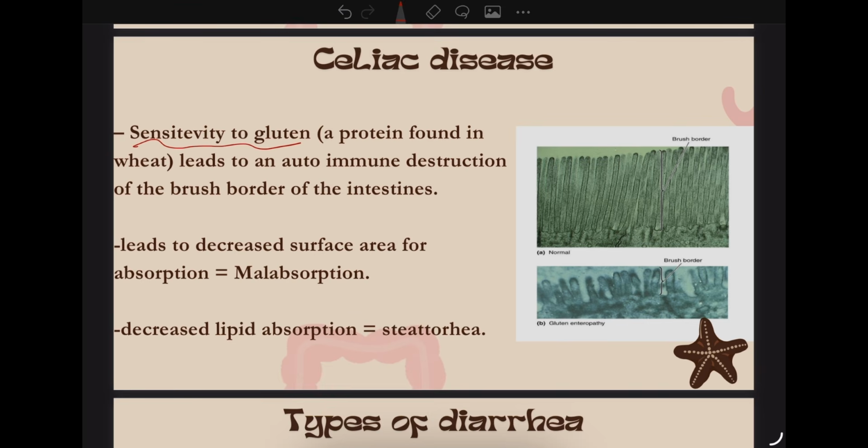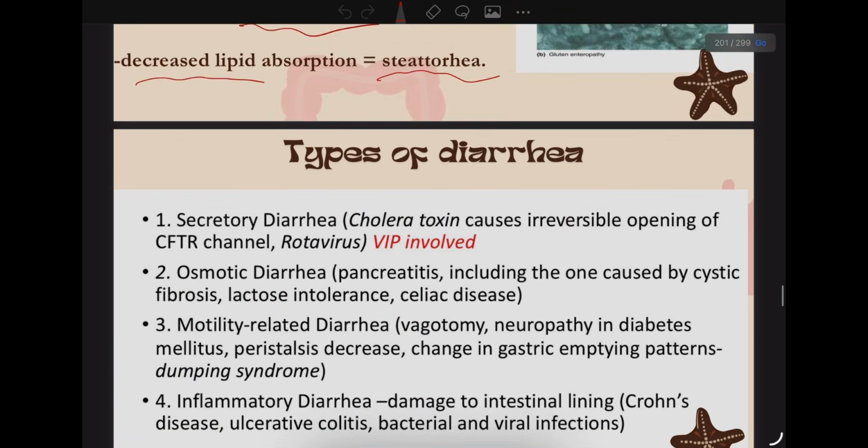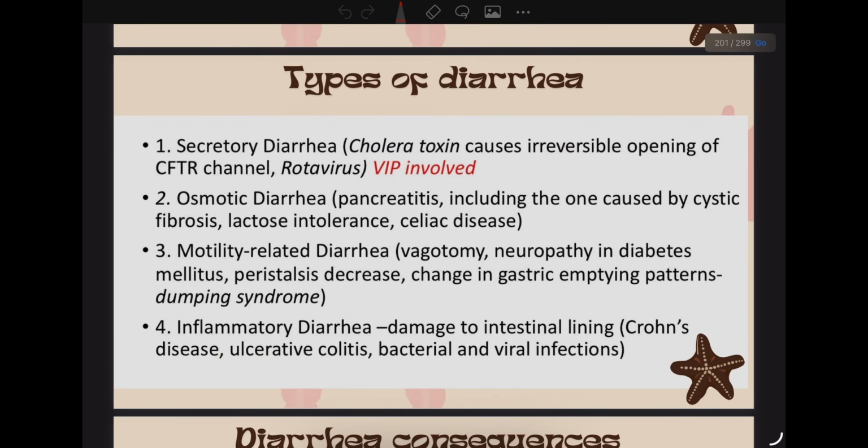So when they eat bread or anything that contains wheat, there is an autoimmune response from their body which destroys the brush border of the intestines, causing malabsorption because they decrease the surface area. It also decreases lipid absorption, causing steatorrhea, which is lipid in feces, because there's decreased lipid absorption. So where will it go? Out of the body.